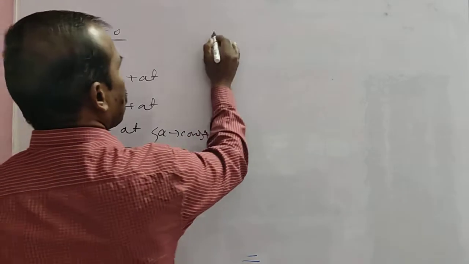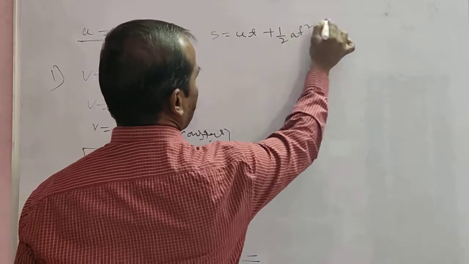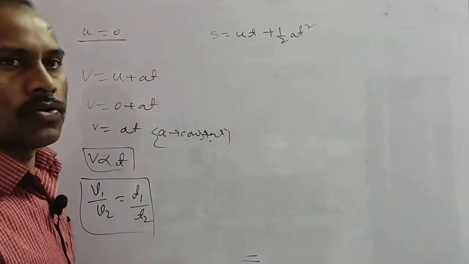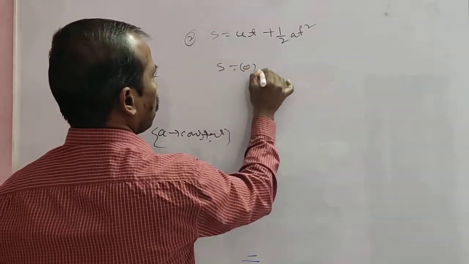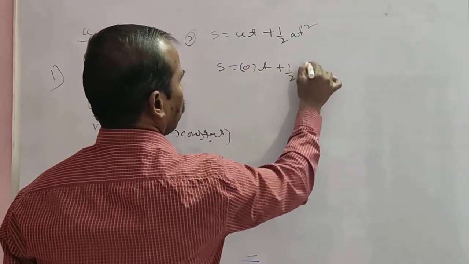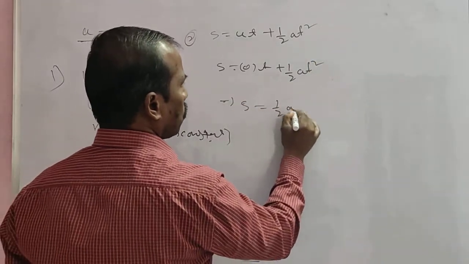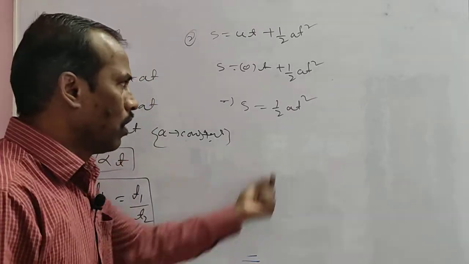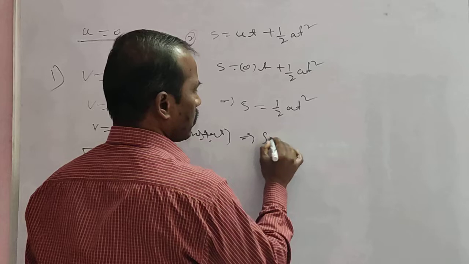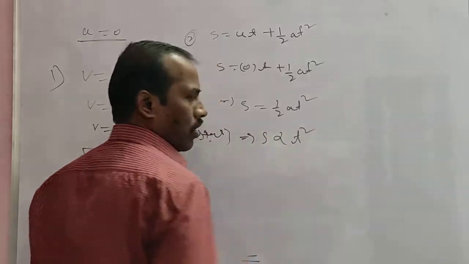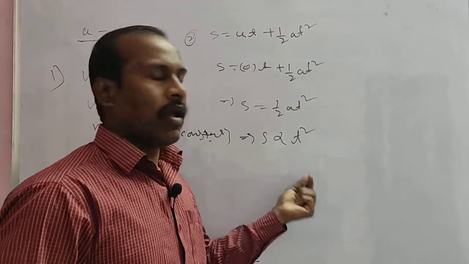Next case: s = ut + (1/2)at². Here u = 0, so it simplifies. The second one is s = 0·t + (1/2)at², so s = (1/2)at². Since a is a constant, s is directly proportional to t². That means this is the relation between the displacement of the particle and time.